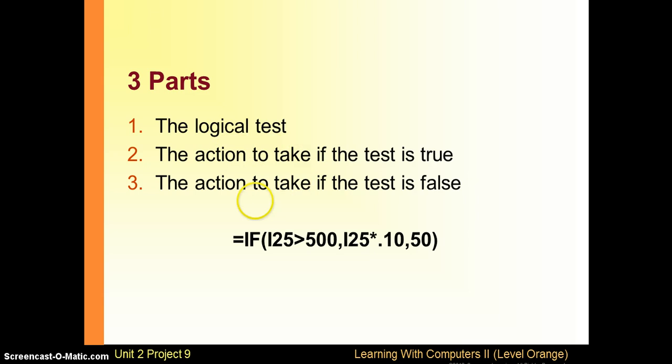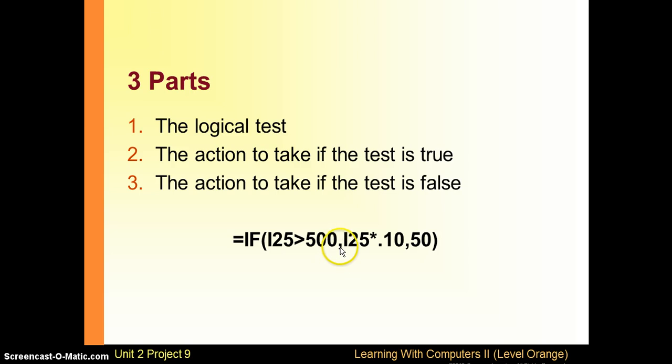This is the formula that you are going to be using in your document. So if you're looking at it, it says if, okay, this is our if statement. If I-25 is greater than 50, this is our logical test right here.